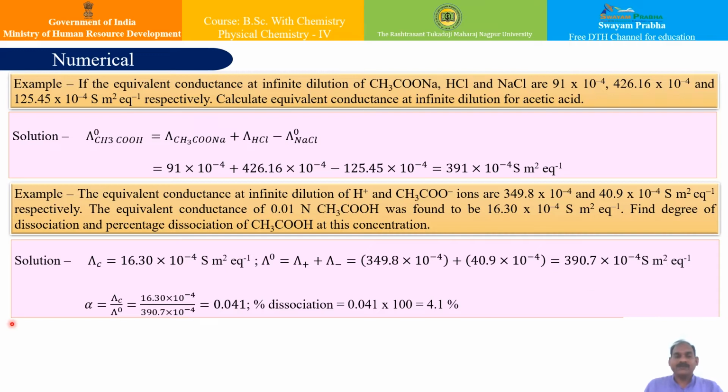Now my definition of alpha is lambda c upon lambda 0. If I substitute the respective values over here, I get 0.041 as the degree of dissociation. Percentage dissociation is simply the percentage of this, which is 4.1%. So 4.1% of acetic acid has been dissociated at this particular concentration.